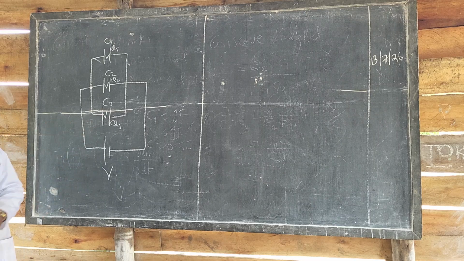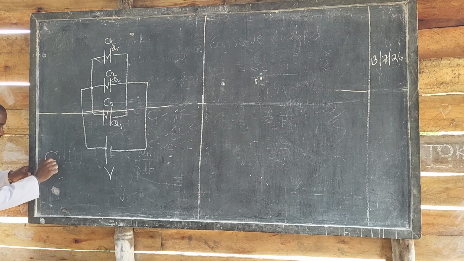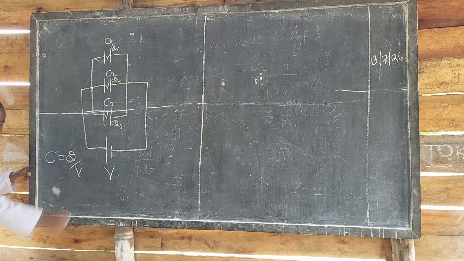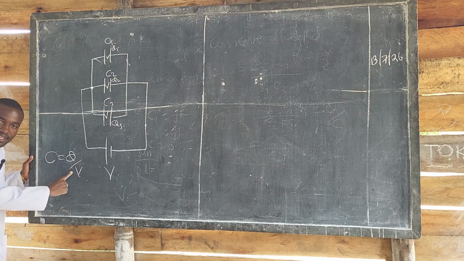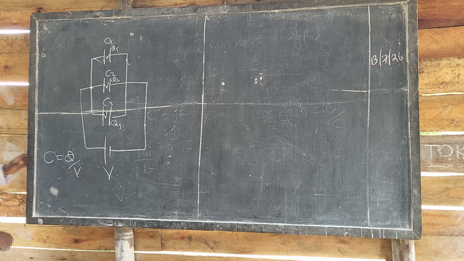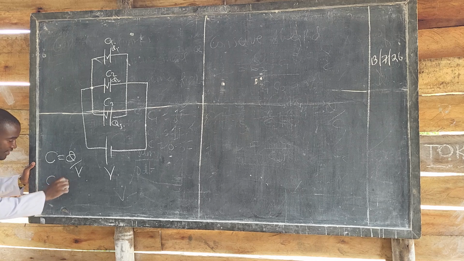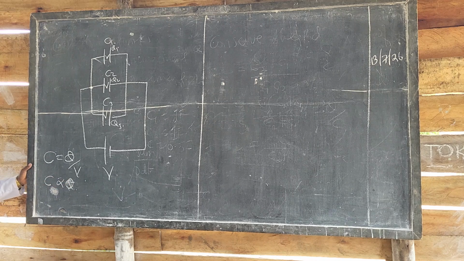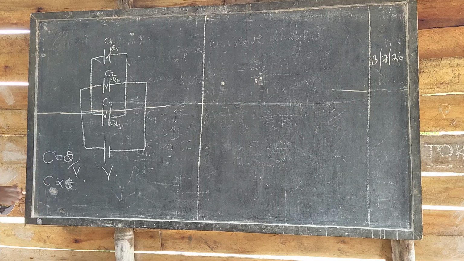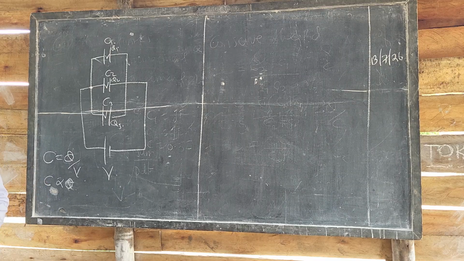So now, from the fact that C equals Q over V, if we hold V as a constant, it will mean that C is directly proportional to Q. So the one with a bigger capacitance will absorb a bigger charge.